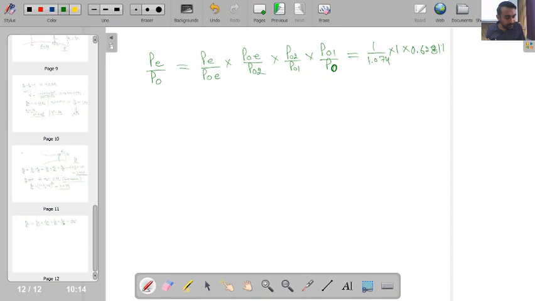And then PO1 by P0 is once again 1. So you will be able to calculate the pressure ratio of 0.585. Is this point clear? Okay. Now, is this problem clear to all?